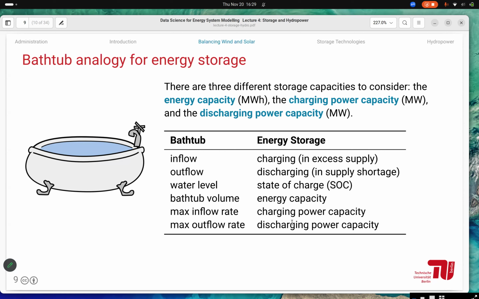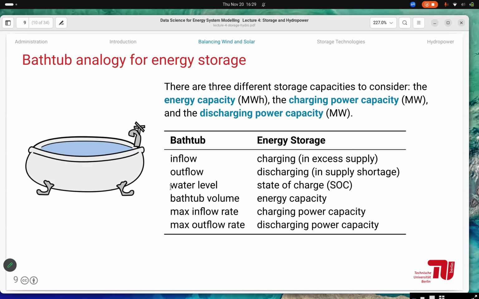And then there are a few operational characteristics of the storage. For example, the equivalent to a water level in a bathtub would be how much energy is currently in the storage, and that's typically described as state of charge. And then the inflow and the outflow is how much you actually put in, how much water currently flows per minute or something like that into the bathtub, and how much flows out.